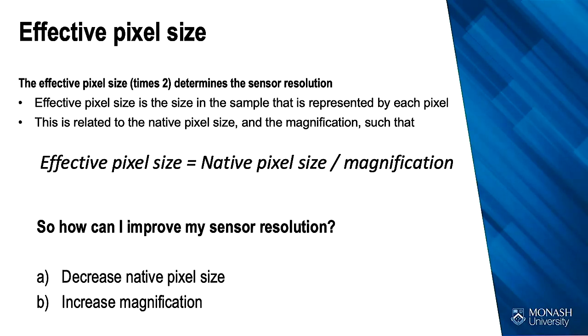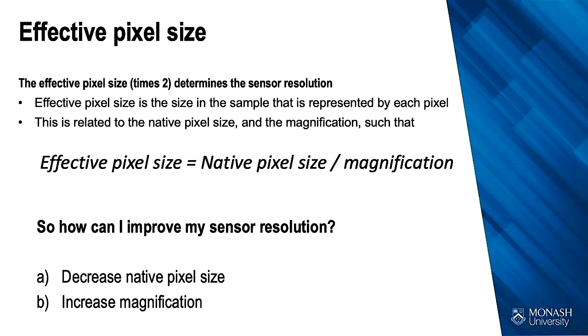If I have a magnification of 1, then every pixel in my image represents the same size in real space. If I have magnification of 2, then my effective pixel size is smaller than what it represents in real space, because I magnified it.